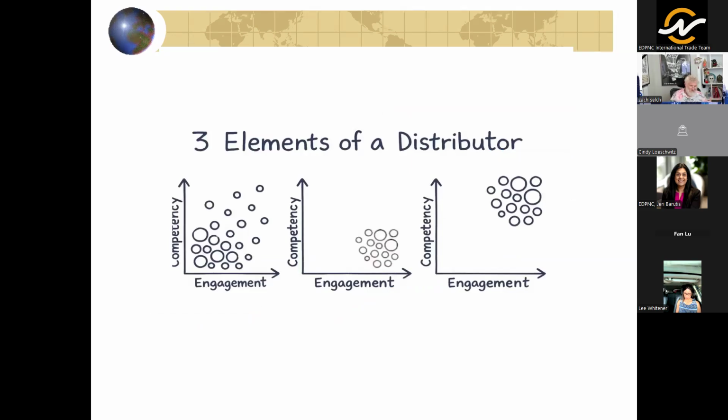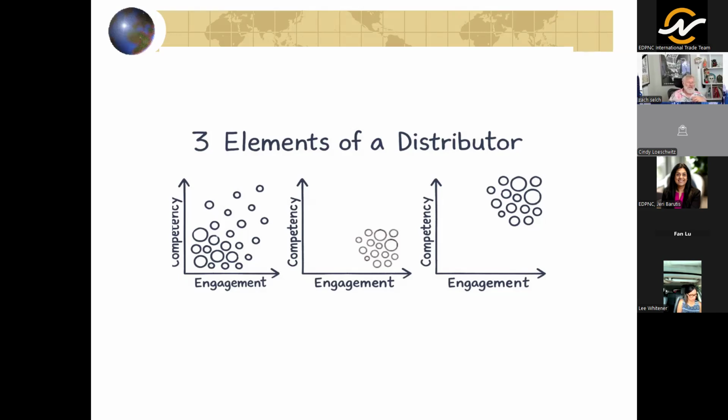So again, one of the things I've said in previous weeks or previous months is I like to put this chart where we're basically talking about competency and engagement of the partners. What we want are engaged and competent partners. We will typically drive up competency when we have driven up engagement.